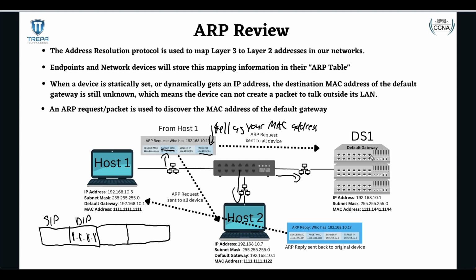And once the default gateway receives that, it's going to look inside that ARP packet and be like, oh, hey, you're looking for me. I'm 192.168.10.1. Well, let me respond to you in an ARP reply, and say, hey, here is my MAC address. And now once we get that ARP reply, we're going to populate our ARP table, and it's going to say 192.168.10.1 is equal to this MAC address here.